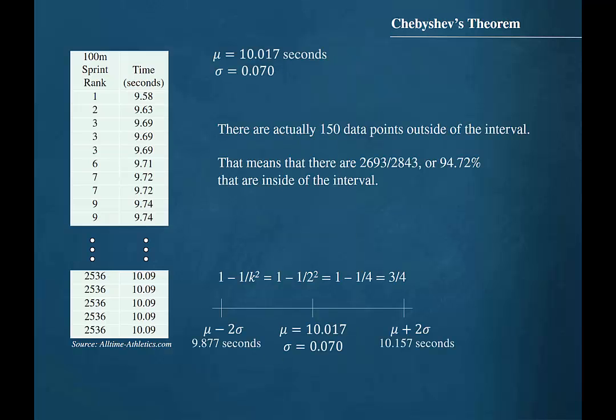This means that 2,693 out of 2,843 lie within 2 standard deviations of the mean, 10.017 seconds. This gives us an actual proportion of 0.9472 or 94.72% of the data points. Chebyshev's theorem stated that at least 75% of the data points would fall in this interval. This is certainly true for this data set.